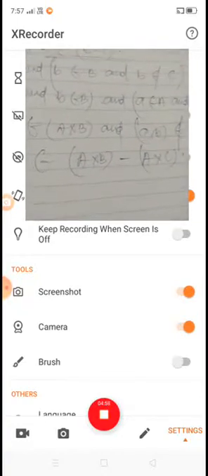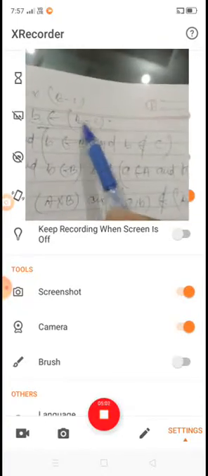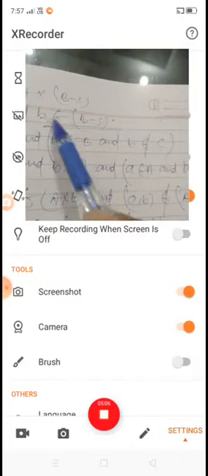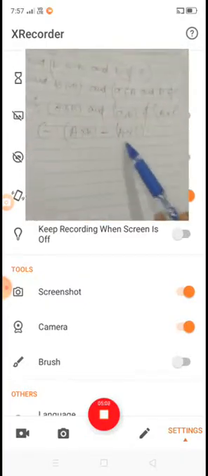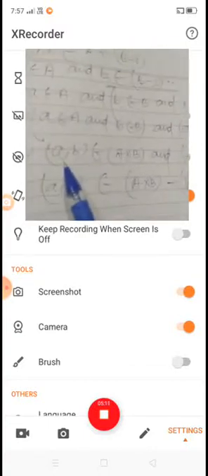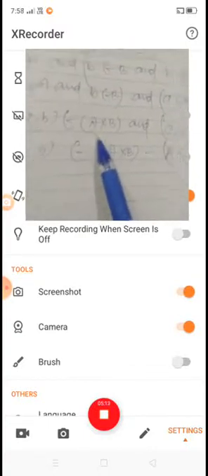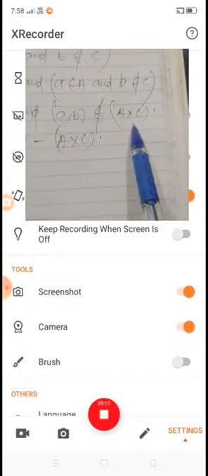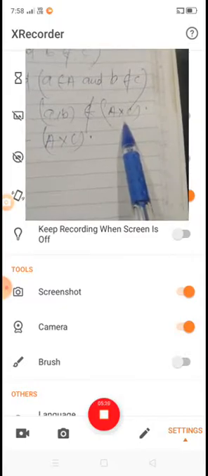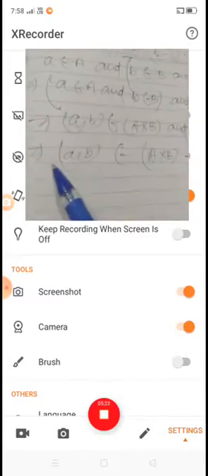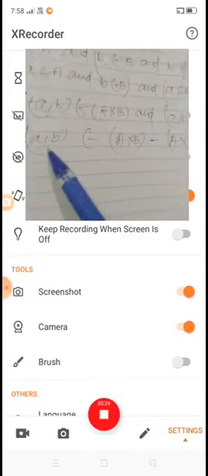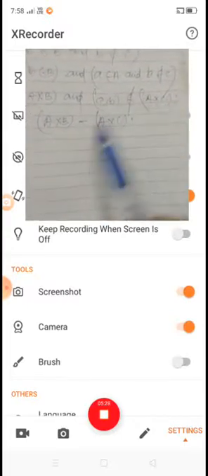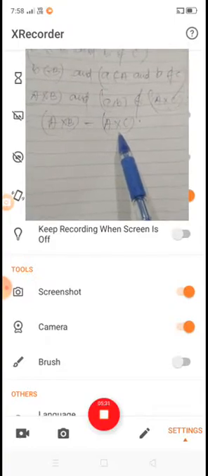It means that if b belongs to B and b does not belong to C, we can write b belongs to B minus C. Similarly here, the ordered pair (a, b) belongs to A cross B and does not belong to A cross C, so we have (a, b) belongs to (A cross B) minus (A cross C).